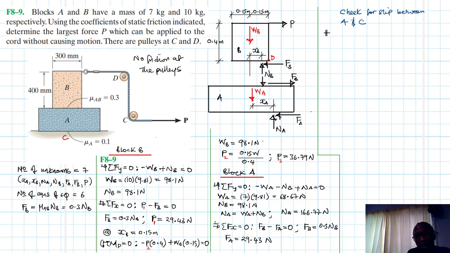So let's calculate F max. F max is equal to mu A times NA. We know that mu A is equal to 0.1 and NA is equal to 166.77 newtons.